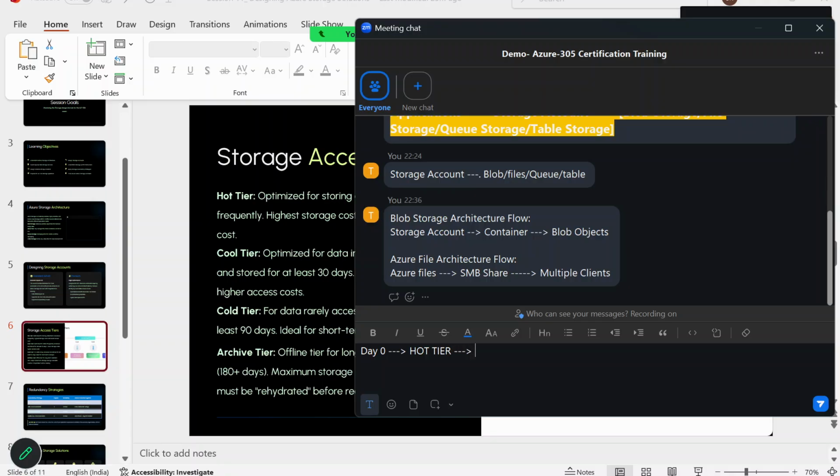Then day 30, it goes to the cool tier. Okay, then at 180 days, it goes to the archive tier.